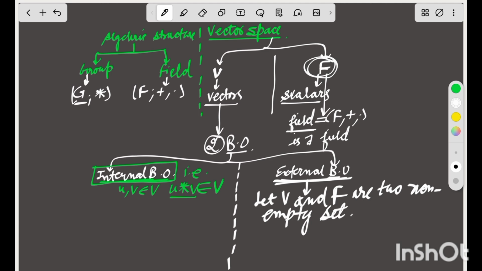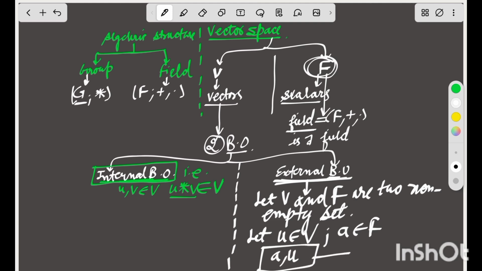Since it is a binary operation, it is applied on two elements, but one element is from the set V and the other element is from the set F. So let u be an element of V and a be an element of F. Given the input a and u, if we operate a with u, and the resultant is in the set V, then we call this an external binary operation.